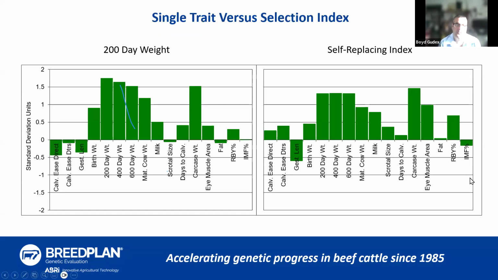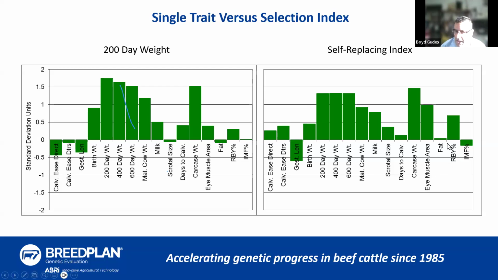As a comparison, this is the same 200-day weight example I showed just before, compared to the self-replacing index for that breed. As you can see, you lose a bit of growth by using the index, but you're getting a more balanced selection criteria. You're going to be getting more live calves on the ground because your calving ease is improving, for instance.